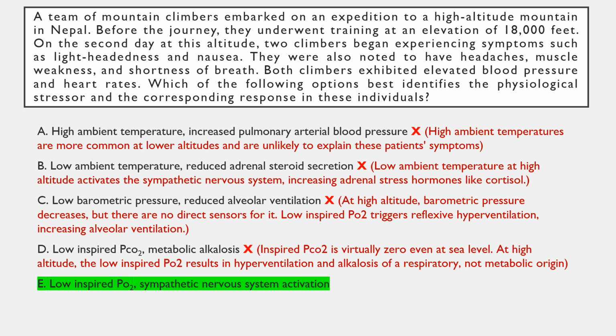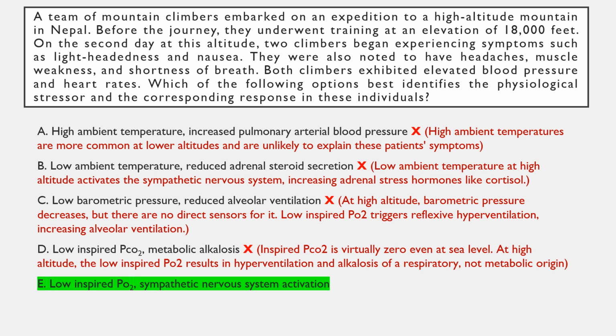Option C is incorrect as barometric pressure is reduced at high altitude, but there are no direct sensors of low ambient pressure to link to this physiologic response. Alveolar ventilation would be increased, not decreased, at higher altitudes due to reflexive hyperventilation in response to low inspired oxygen levels.